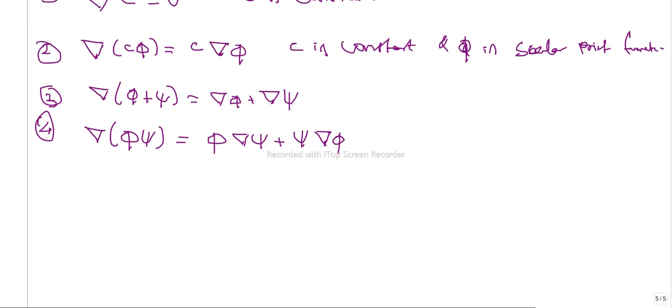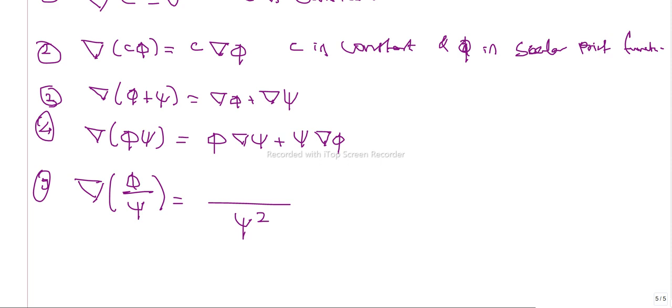And if you take the quotient of two scalar point functions, del of (π by ψ) is: ψ squared in the denominator, and in the numerator ψ del π minus π del ψ. So this is the thing.